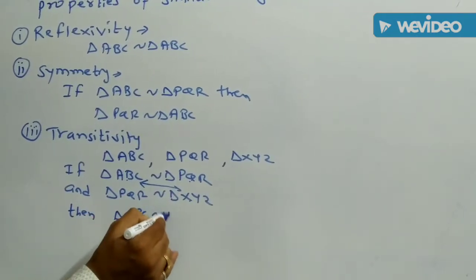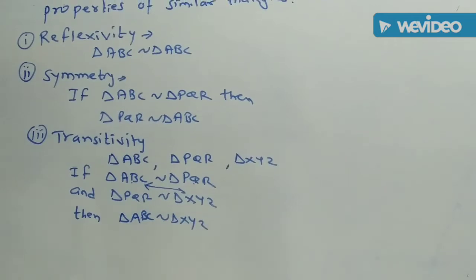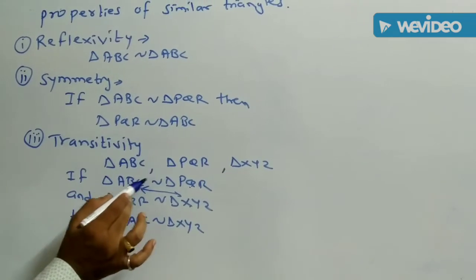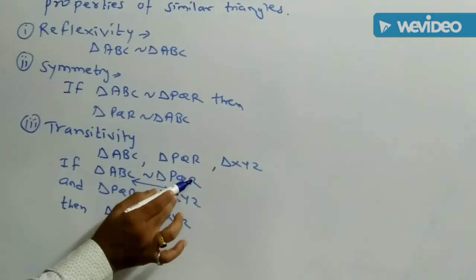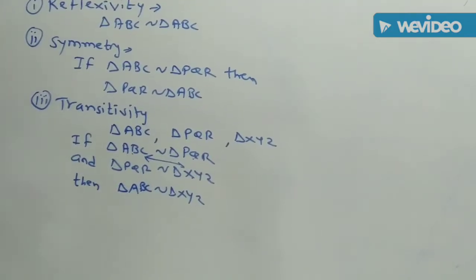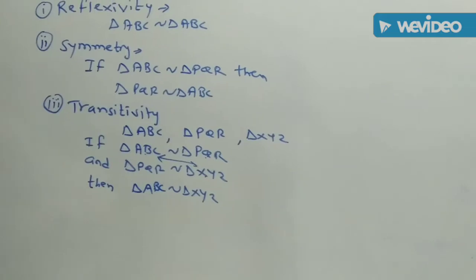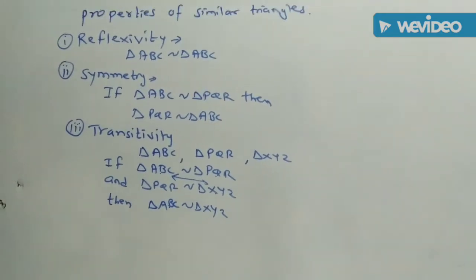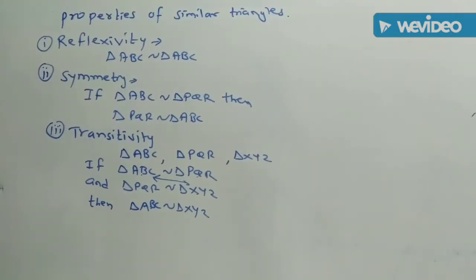That is, ABC similar to triangle XYZ. And these are about similar figures, similar triangles.